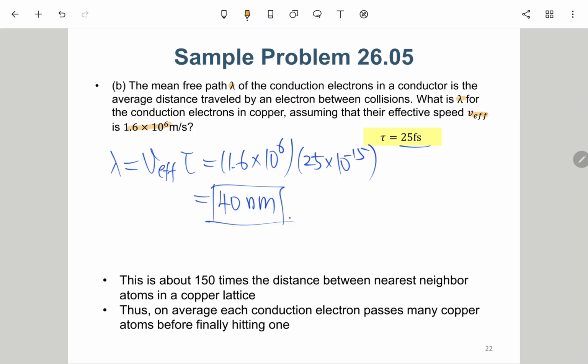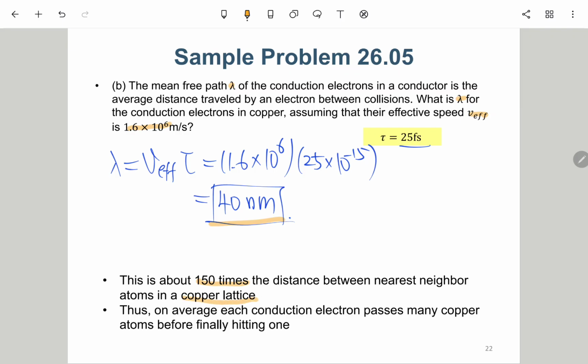So this sample problem is easy to compute. It is not trying to tell you how to calculate something. The point is just to tell you some physics story. The point here is that this 40 nanometers is about 150 times the distance between the nearest neighbor atoms in a copper lattice.